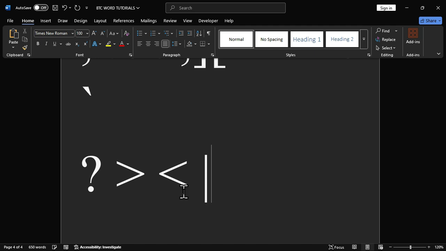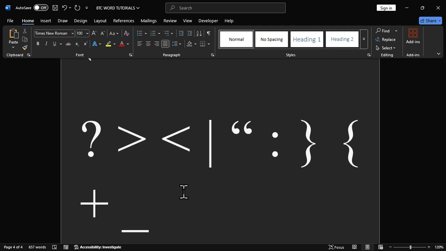Now we also have this pipe symbol, the double inverted comma, the colon, the closed curly bracket, and also the open curly bracket. All these need the help of the shift key. We have the plus sign, we have the dash symbol, and normally this is for creating lines below headings.